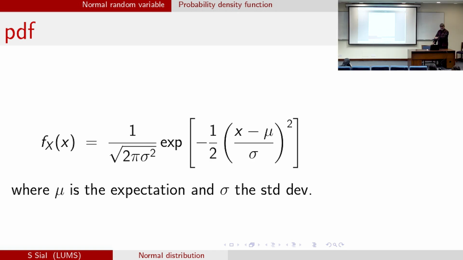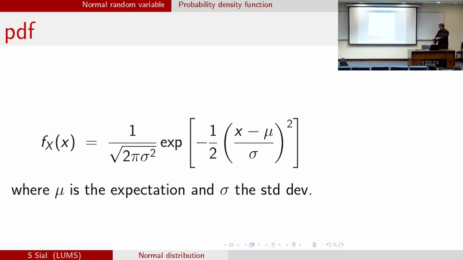Okay? All right? Okay. And once again, this is more general. Okay? So there's an entire family of normal random variables.